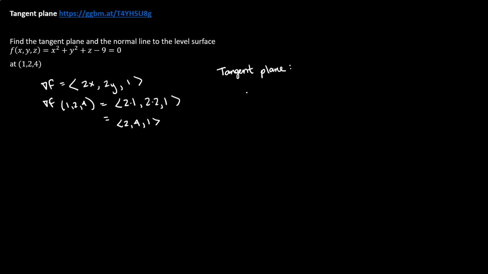Remember, the tangent plane needs a perpendicular vector, so our perpendicular vector is the gradient vector. It also needs a point on the surface. We are given that point as 1, 2, 4. So we can come up with the equation of the plane by taking each component and multiplying it by the change in the variable.